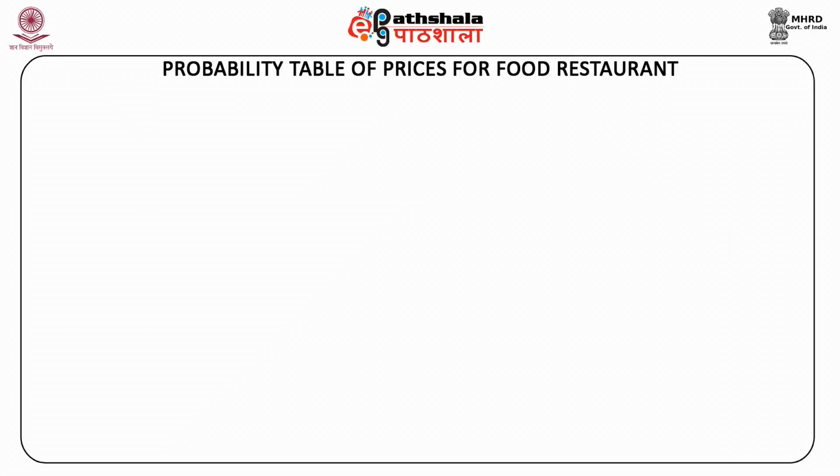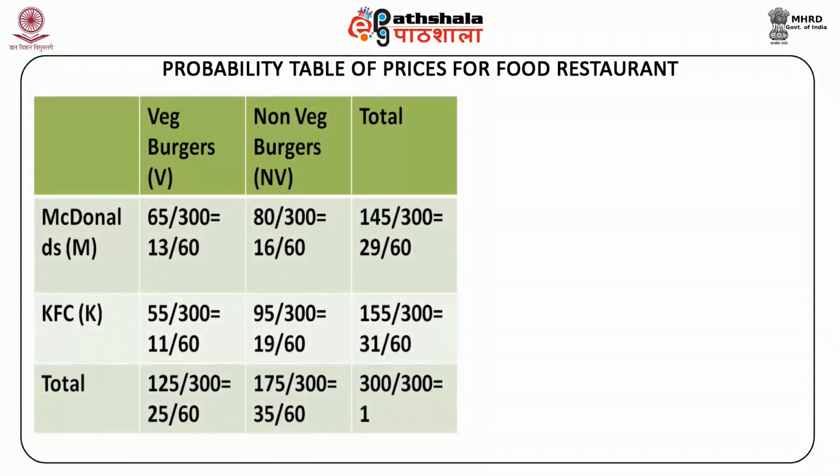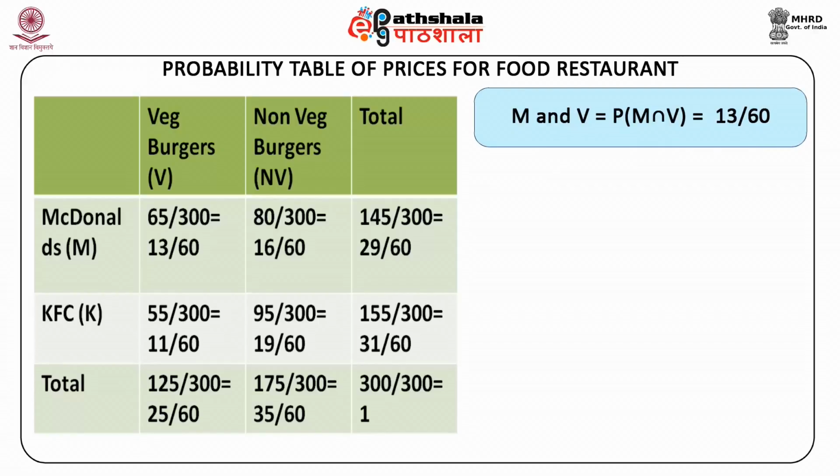The contingency table is converted to a probability table by dividing each of the entries in the previous table by the total, 300. The results are seen in the probability table for the food restaurant shown. In this table, the joint probability for M and V, which is equal to probability of M intersection V, is equal to 13 by 60.